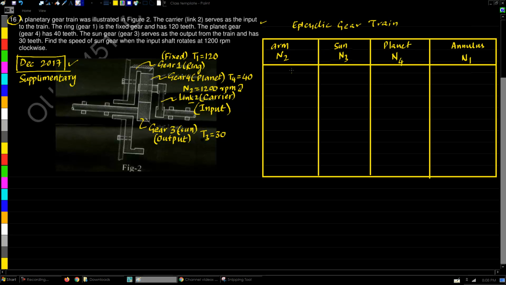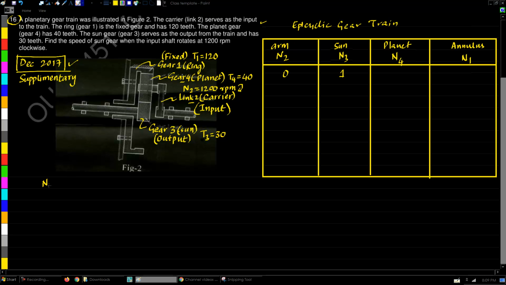Now once again, we have to find the formula for all the speeds in 3 steps. In the first step, we will consider the arm to be at rest, and we will give 1 rotation to the sun. And according to that, we have to find the rotations for the planet and the annular wheel. So we can see here that the gear 4 is meshing directly with the gear sun.